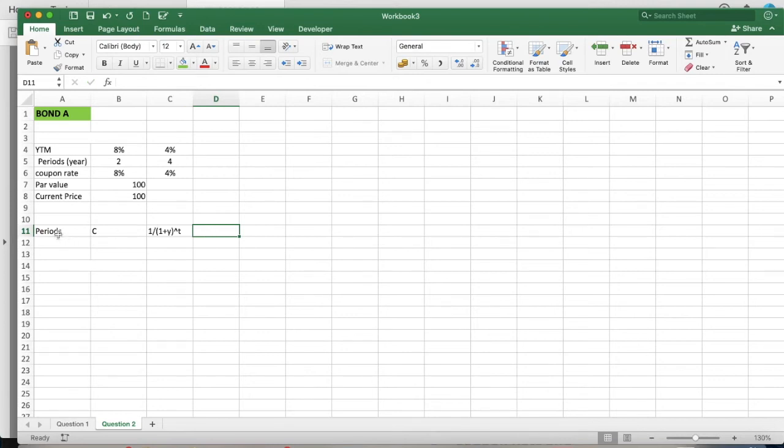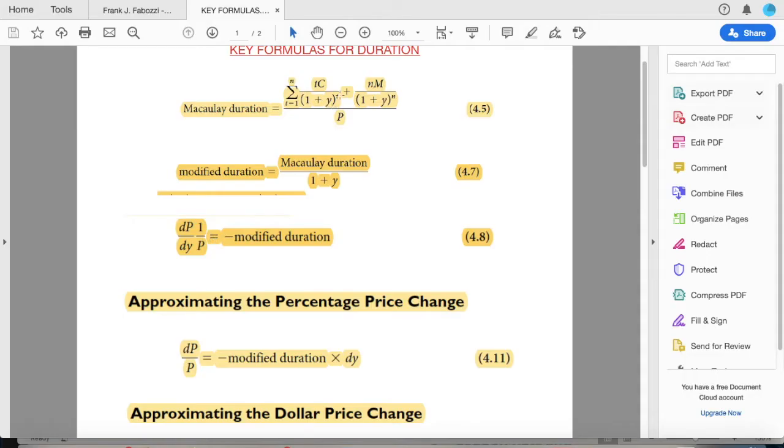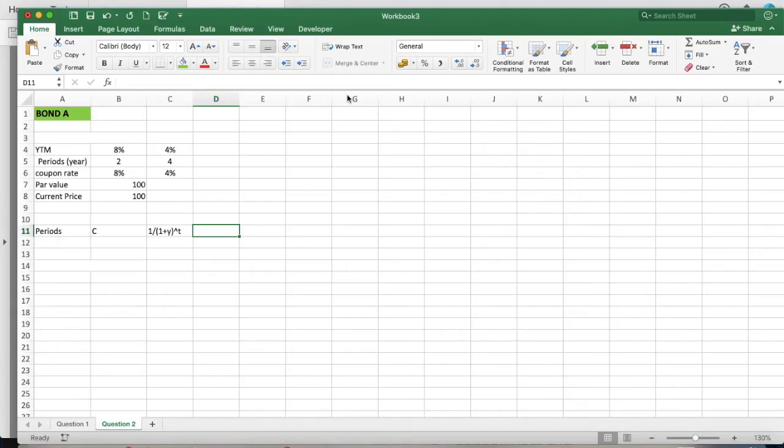Maybe we can add a new column for this expression: t times c divided by 1 plus y power t.